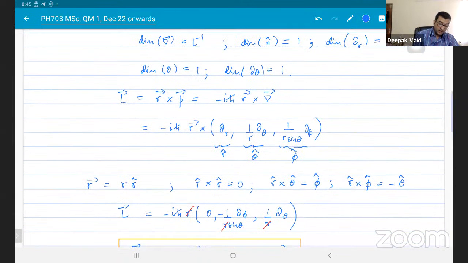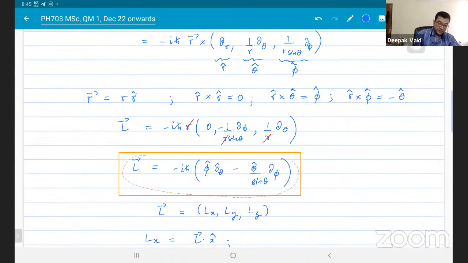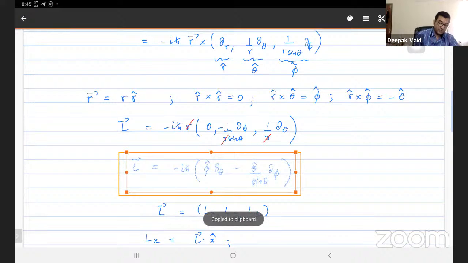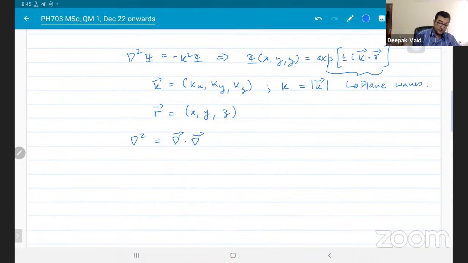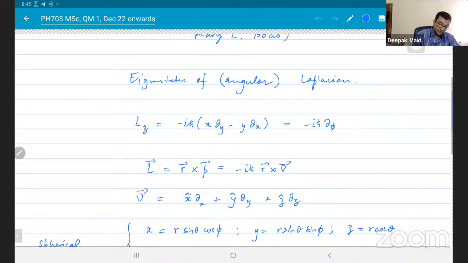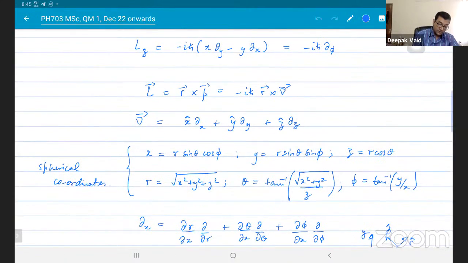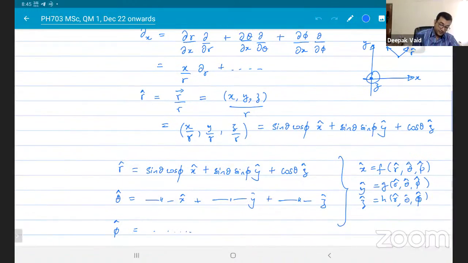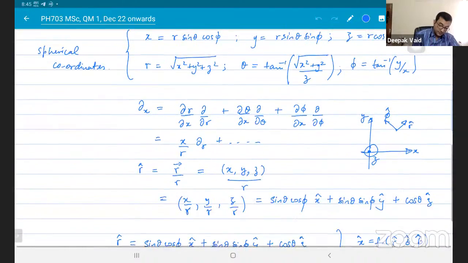Well, I can take the expression for L, which we have worked out, the expression for L in spherical coordinates. Sorry, not that. We want the gradient in spherical coordinates. Where is it?